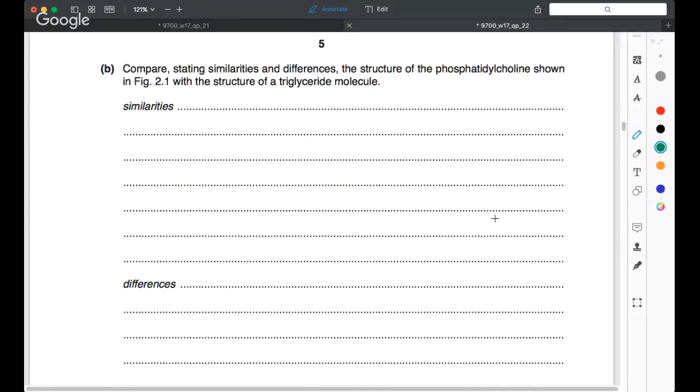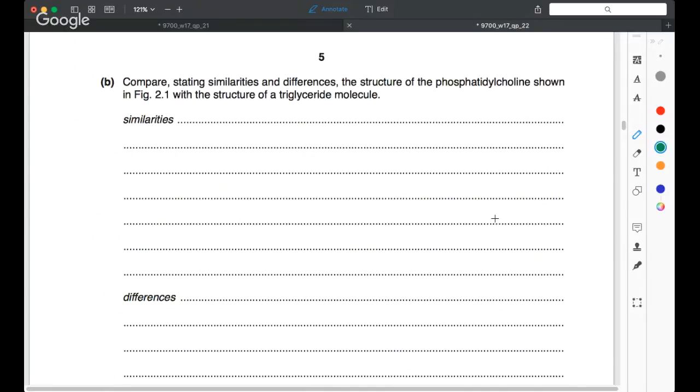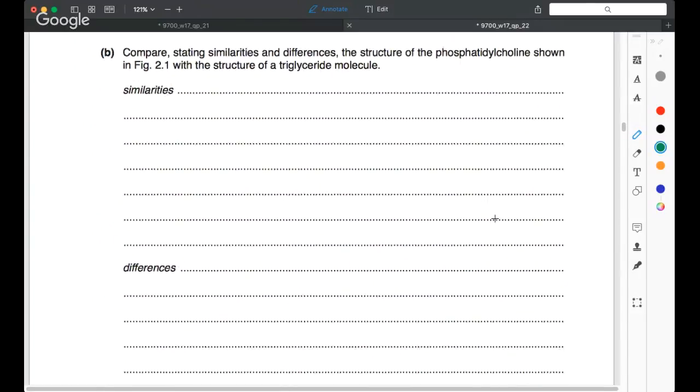Okay, let's start with differences. Triglyceride molecules contain 3 fatty acids, while the other one contains 2. Good, that's what you want. Similarities, they both contain glycerol. Good. 2 marks.